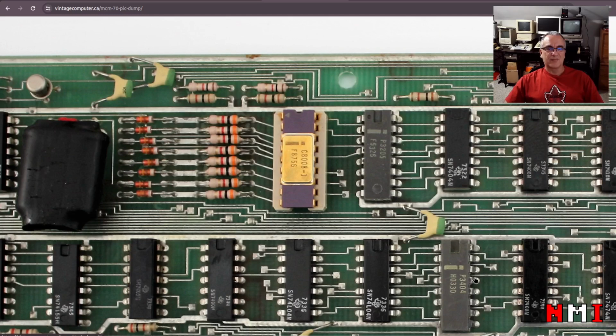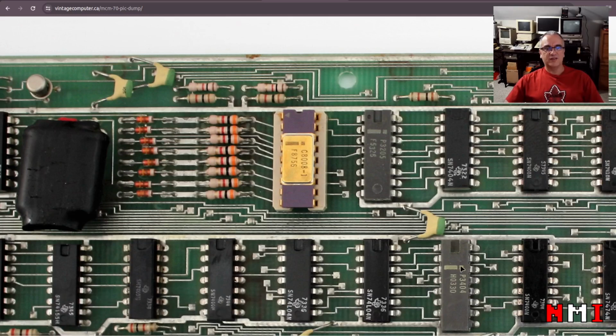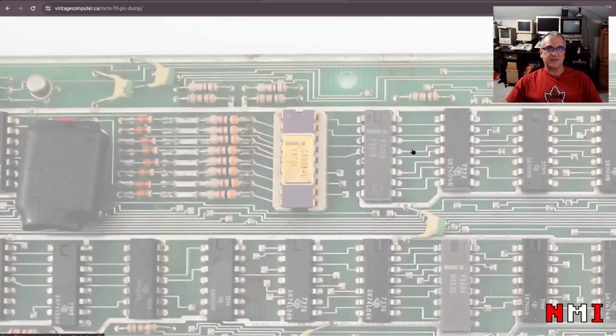And I don't really know why Intel decided to design a microprocessor using so few pins. For sure, they changed their mind with the 8080, because the 8080 has 40 pins, but the 8008 has only 18.